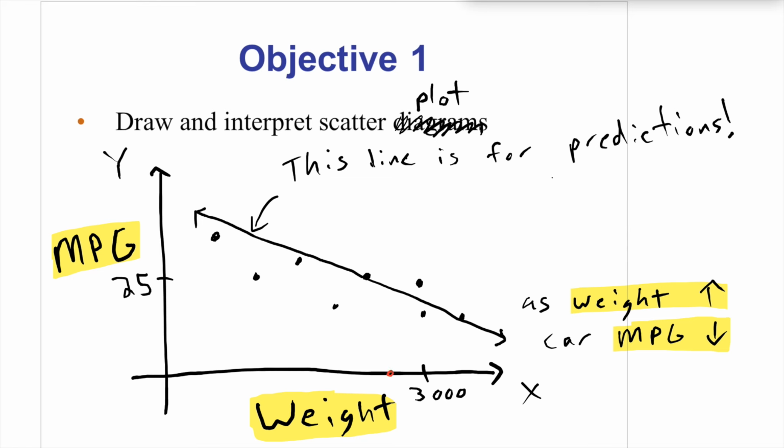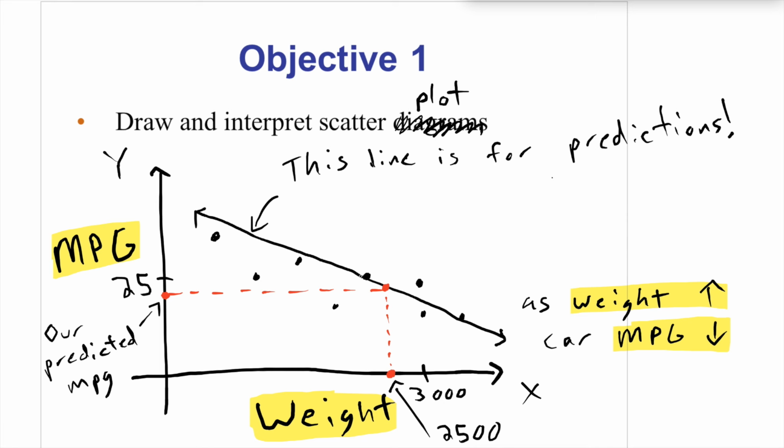Maybe we want to know, suppose a car weighed this much, and we didn't actually have any data for a car of that weight. Well, this line is going to give us a way to come up with what we think, what we expect, what we predict the miles per gallon of a car would be for a car of this weight, whatever that is. Maybe it's 2,500 pounds.